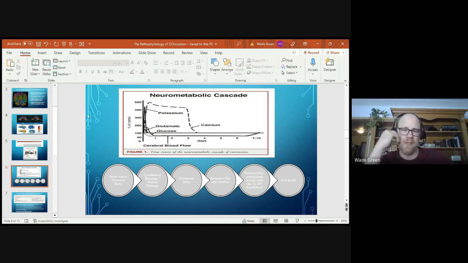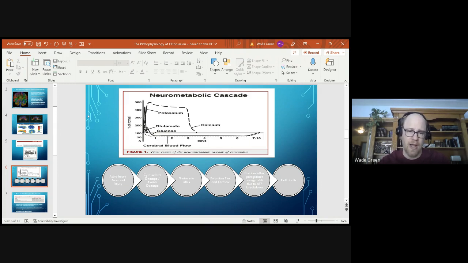Ultimately, what happens, first and foremost, right after the injury, is the influx of not only glutamate but potassium into the cell. Potassium spikes to 400% of normal, and glutamate spikes to about 150% of normal as well.